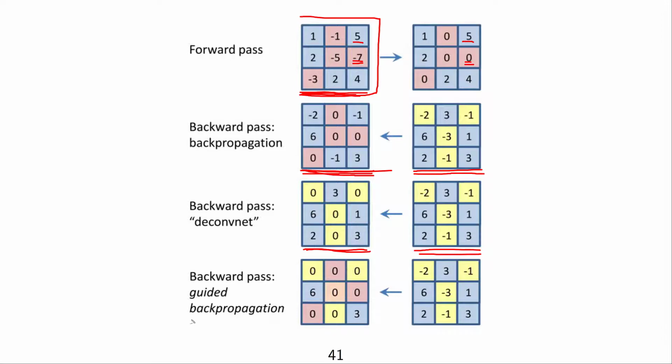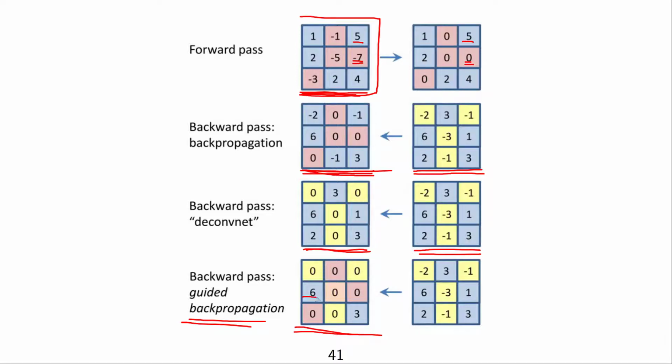Another modification, guided backpropagation, is to say we will kill all gradients that correspond to the red cells, and we kill all gradients that correspond to the yellow cells. So this is giving you a much sparser gradient pattern here, because all the gradients corresponding to red and yellow cells are killed.